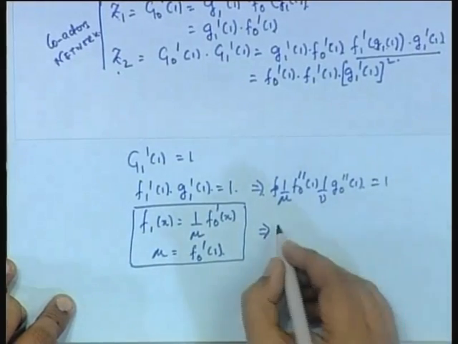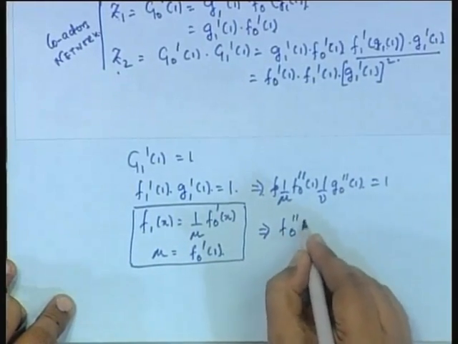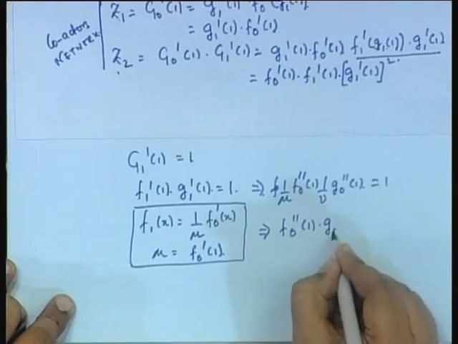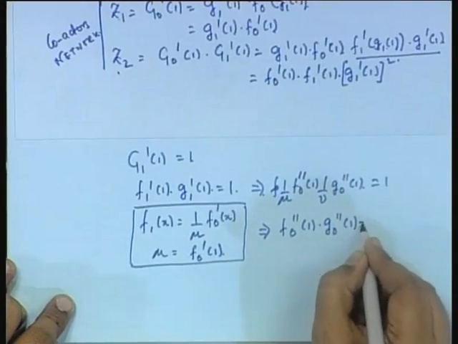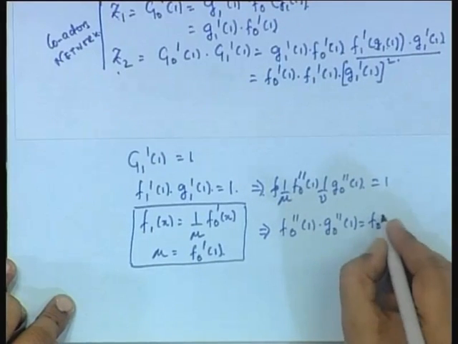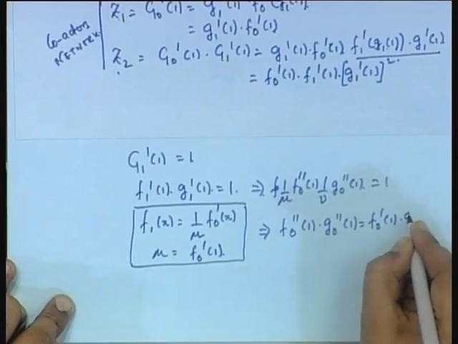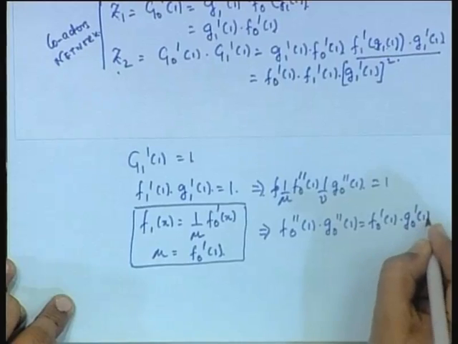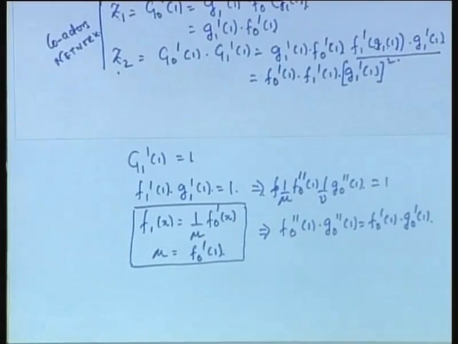If I take this step, this becomes F0 dash 1 into G0 dash 1.